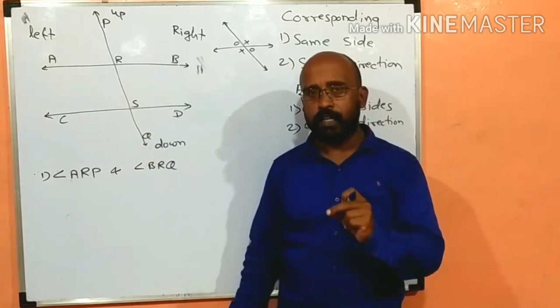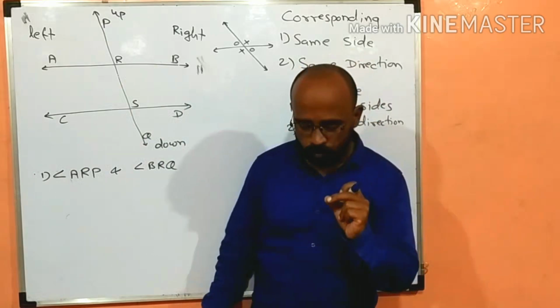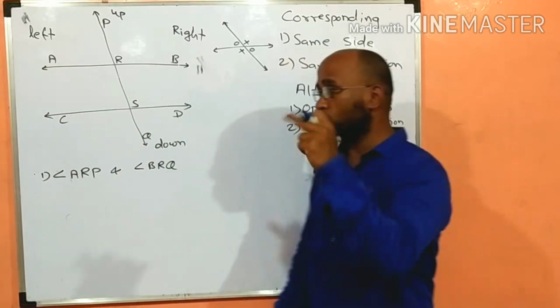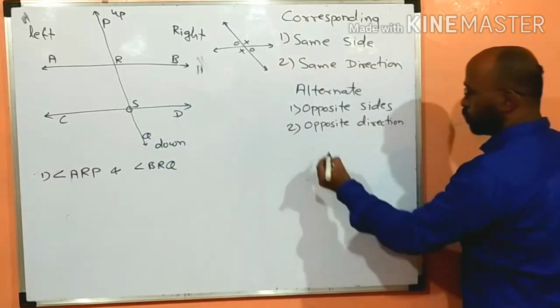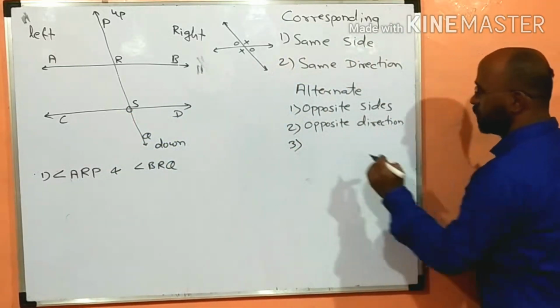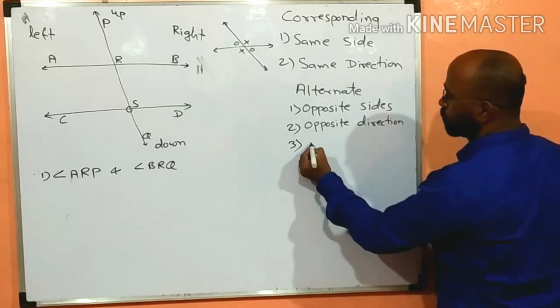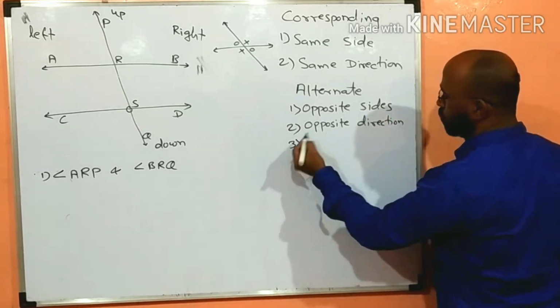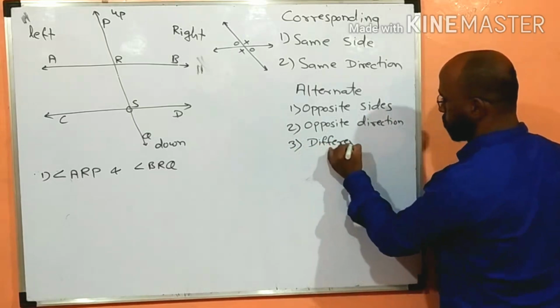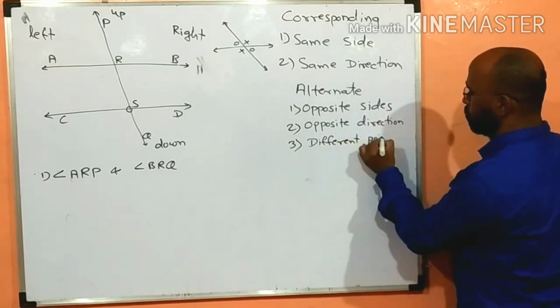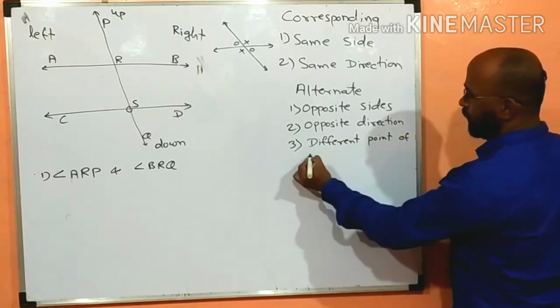Means to find alternate angles and corresponding angles, we have to go to the next point of intersection. So the third and most important condition is that this angle is on the next or second or different point of intersection.